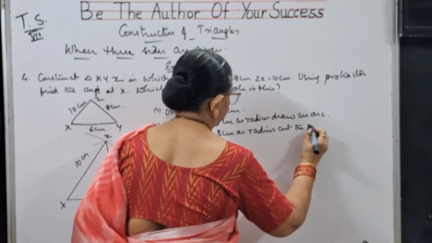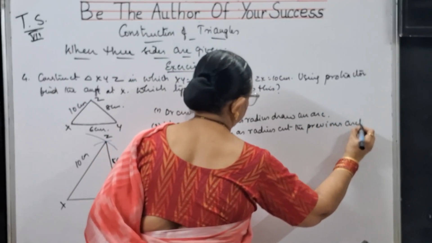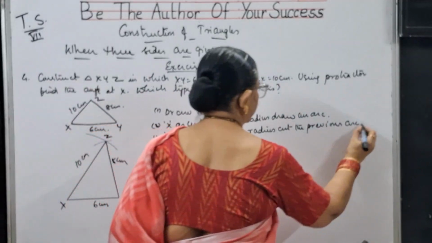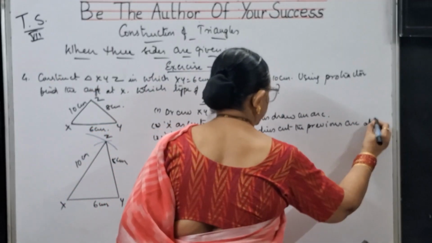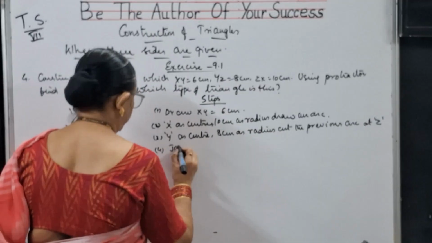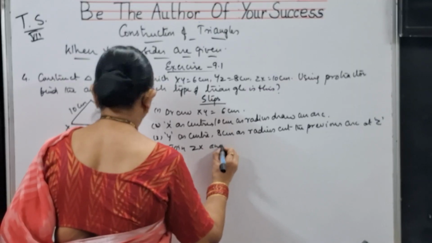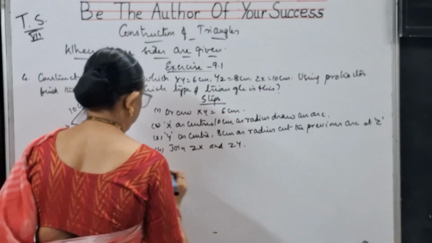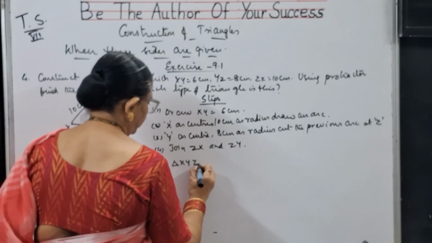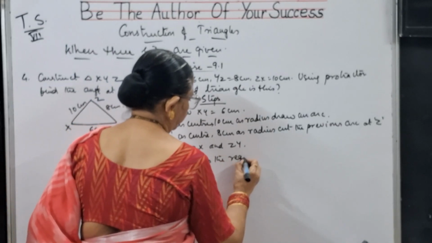Cut the previous arc at Z. And fourth one, join ZX and ZY. Fifth point, triangle XYZ is the required triangle.